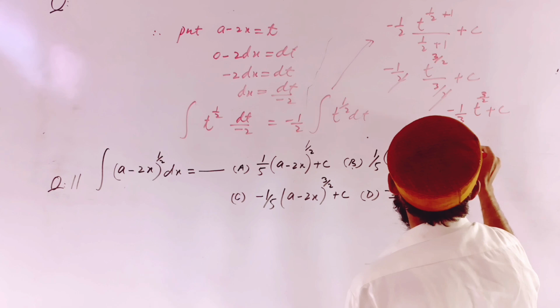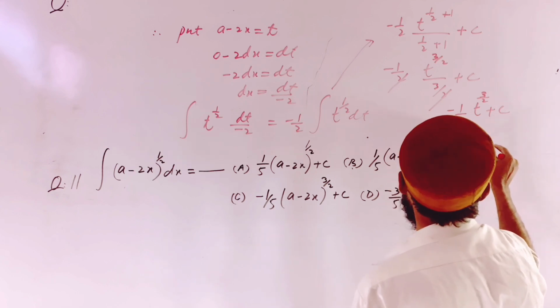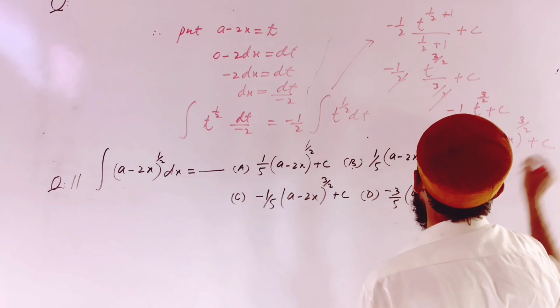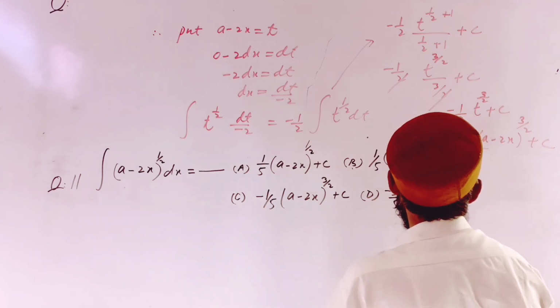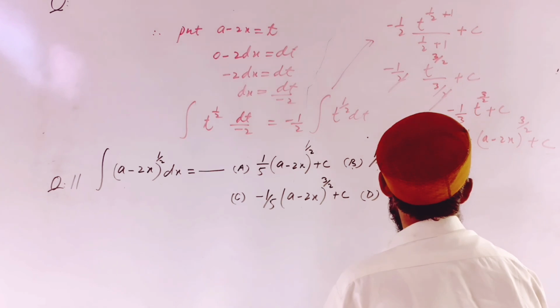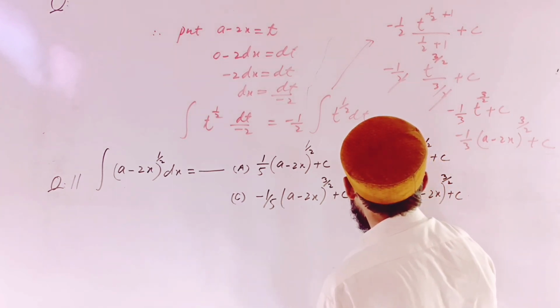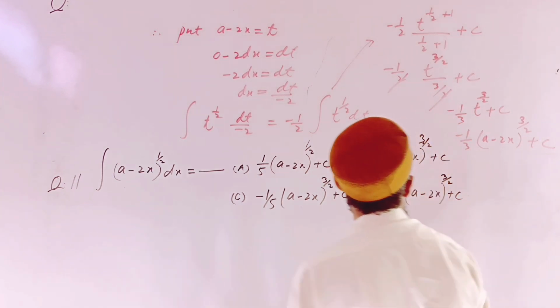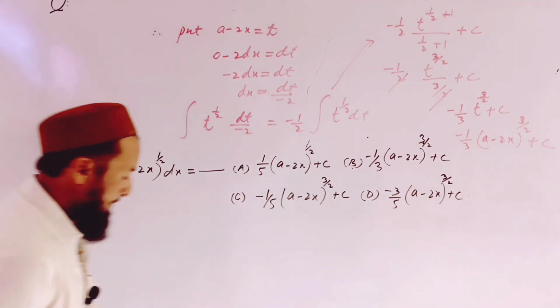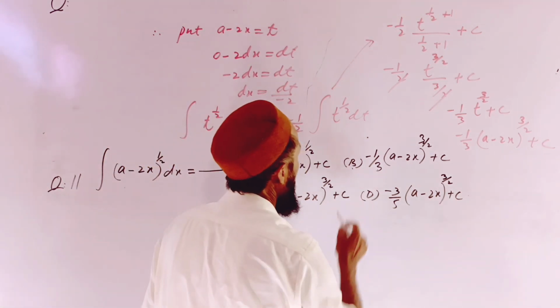Replacing t with a minus 2x, we get minus 1 by 3 (a minus 2x) to the power 3 divided by 2 plus c. Option B is the correct option.